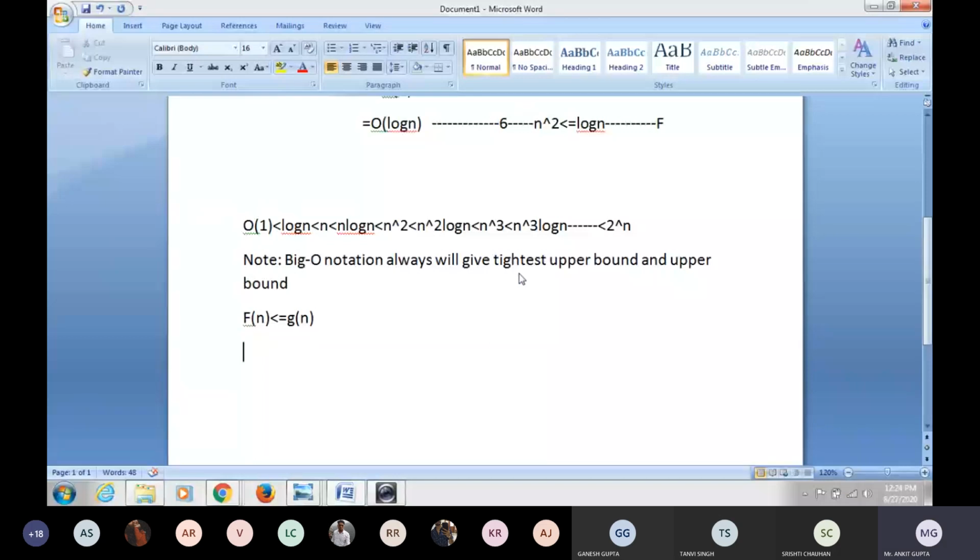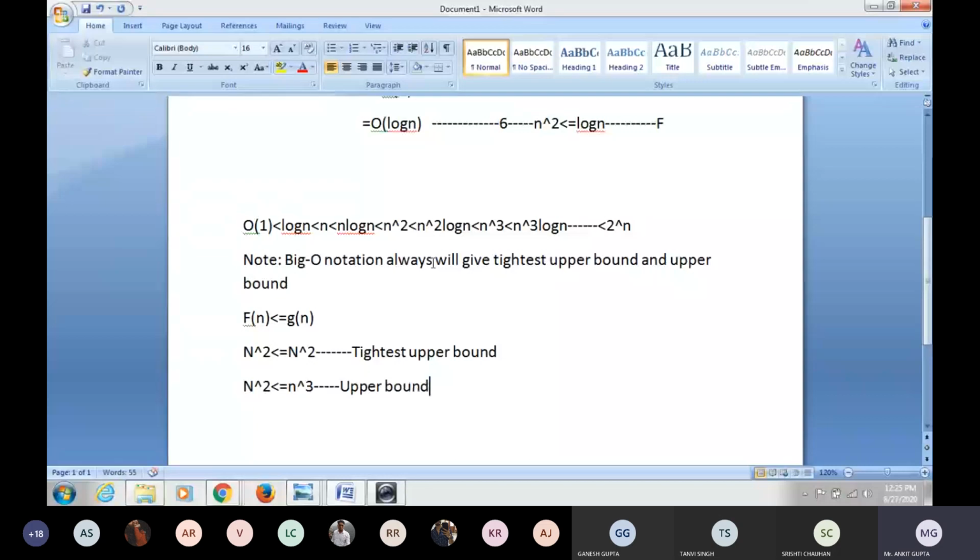That is, suppose if f of n is n square, n square less than or equal to n square, so it is the highest upper bound. But if I write n square less than or equal to n cube, it is an upper bound.